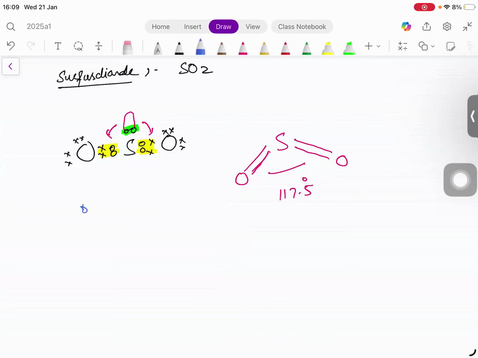The shape is non-linear, V-shaped, bent or angular.